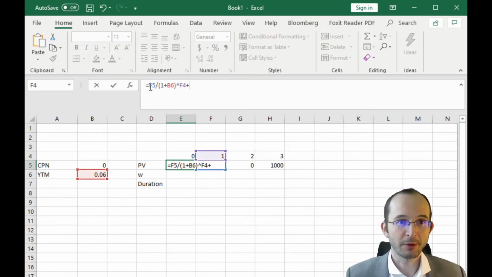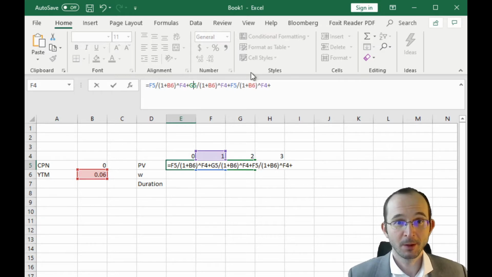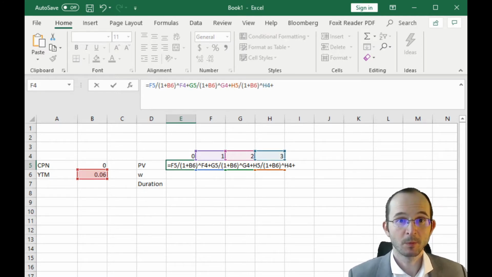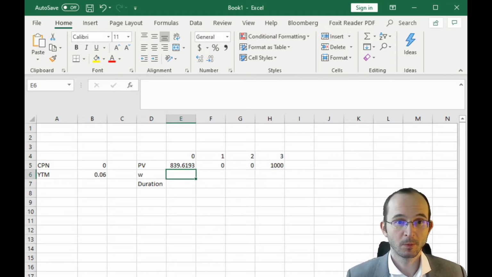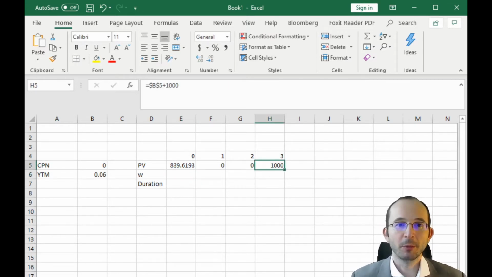And we're going to do the same thing for year 2 and year 3, except that we need to change the column addresses. So here's the present value of this zero coupon bond, the present value of 1,000, discounted back 3 times at a 6% yield to maturity.